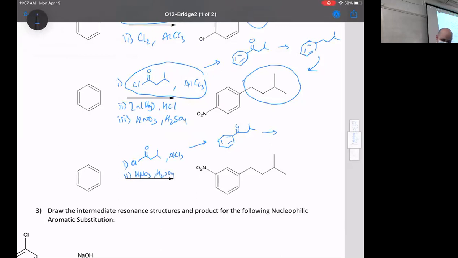Great. So that would put the nitro on meta because we had a meta-directing group. Fantastic. All right, now what? Then just finish with the zinc mercury and hydrochloric acid. Okay, sounds good.